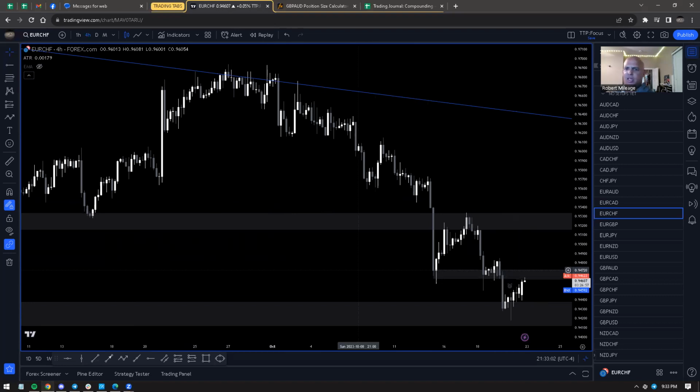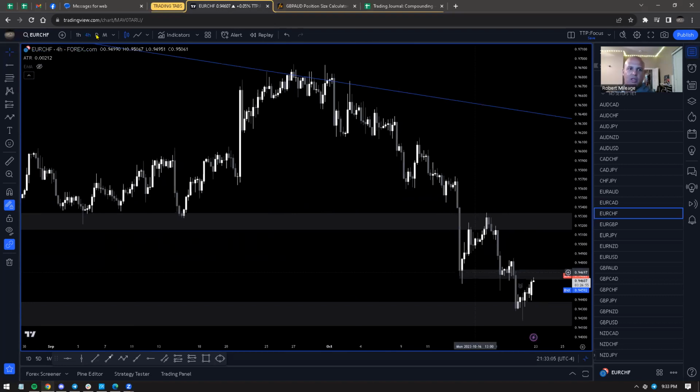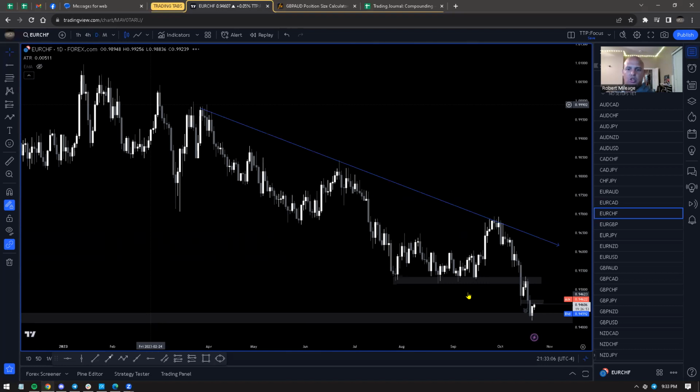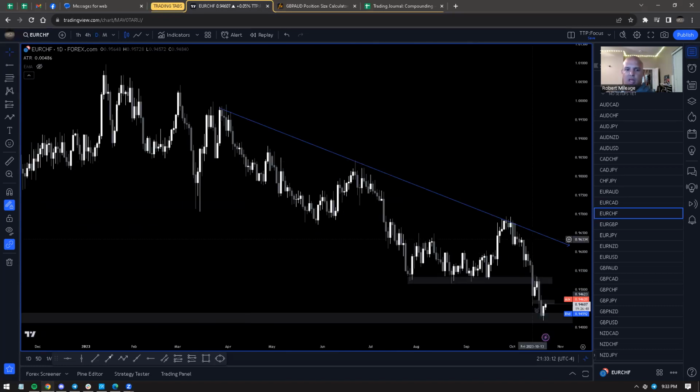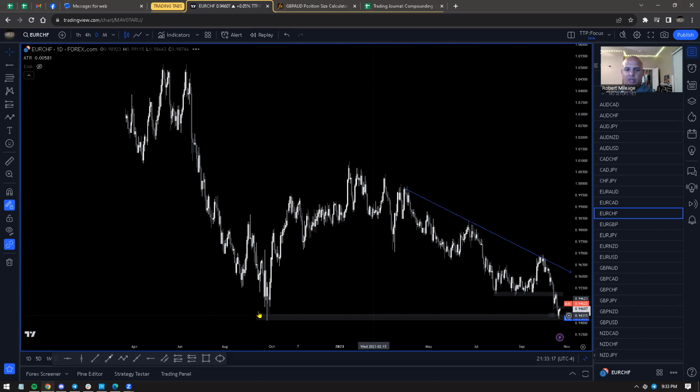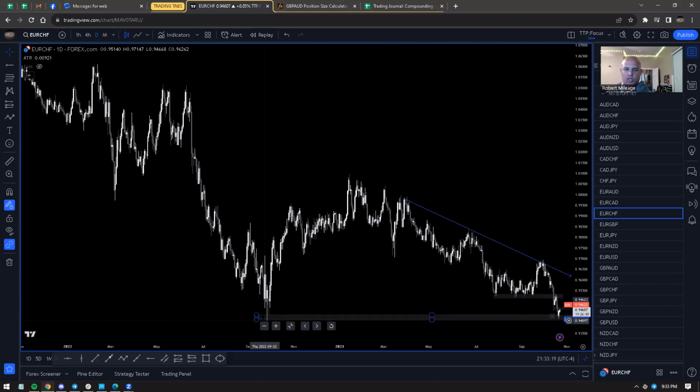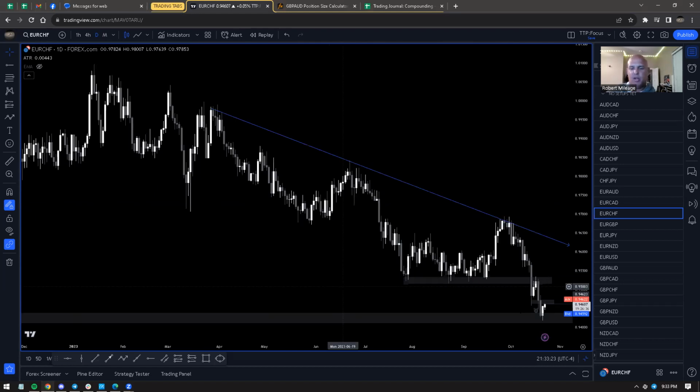Euro CHF is playing it a little close to the chest here. I am not so sure that I would trust this. We are in somewhat of a downtrend on the daily for the past couple of months, just channeling down. Now we're coming back up off this level from the September 2022 timeframe, more than a year ago, bounced off this level.